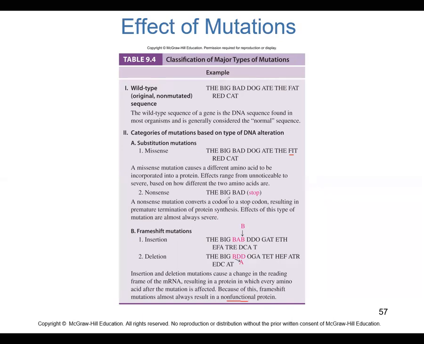So up here, this would be a non-functioning protein also. This one is just going to be a different protein. It might not function correctly, but it could still be functioning on this particular one. So these are the types of mutations: the missense, where it doesn't quite make sense; the nonsense, where it stops; and then your insertion and deletion, which are both frame shift.